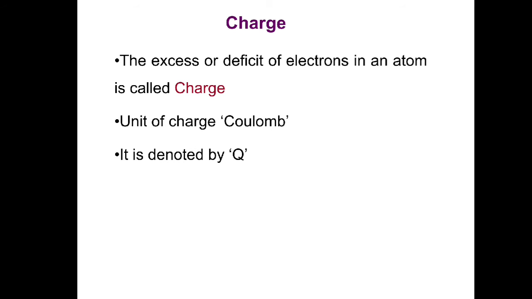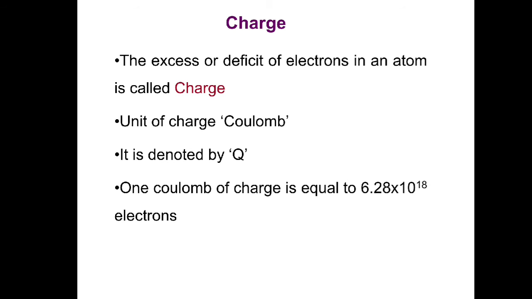So the conclusion is, the excess or defect of electrons in an atom is called charge. If there are more electrons in a particular atom, it is said to be negatively charged. If there are more protons in a particular atom, it is said to be positively charged.